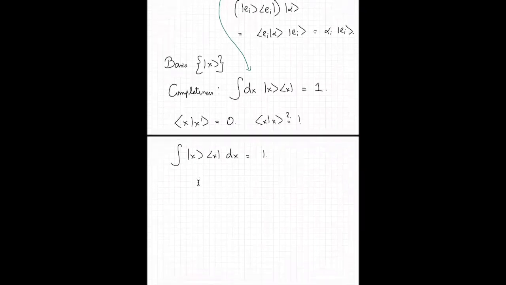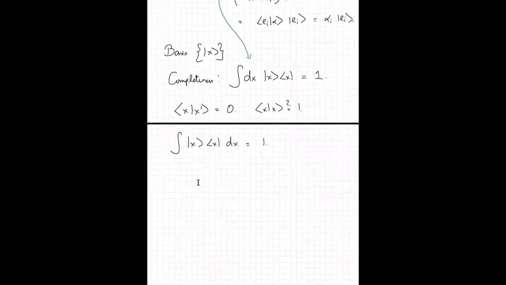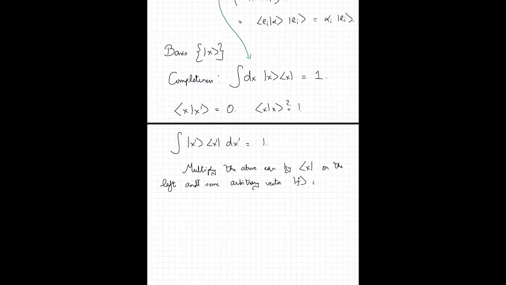So take this and multiply the above equation by <x|. Let me use a different x here. So let me call this x prime, since x prime is a dummy index that is integrated over. So it doesn't matter if I call it x prime or x. Multiply by bra x on the left, and some arbitrary vector f on the right.